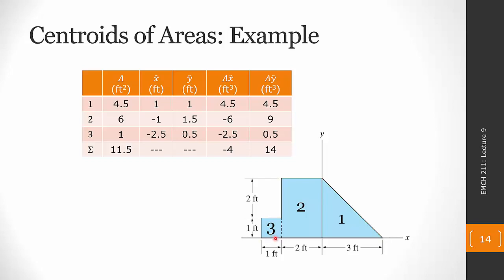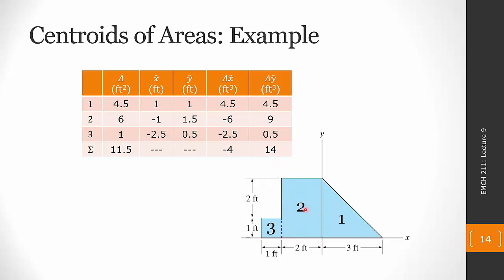Now for the y tildes, for shape number 1, we're going to be measuring from this x-axis. So we go 1/3 of its height, and that's where the y tilde is going to be for shape number 1. So 1/3 of 3 feet is 1 foot in the positive y direction, so positive 1. For shape 2, it has a total height of 3 feet, so half of that will be 1.5 feet.